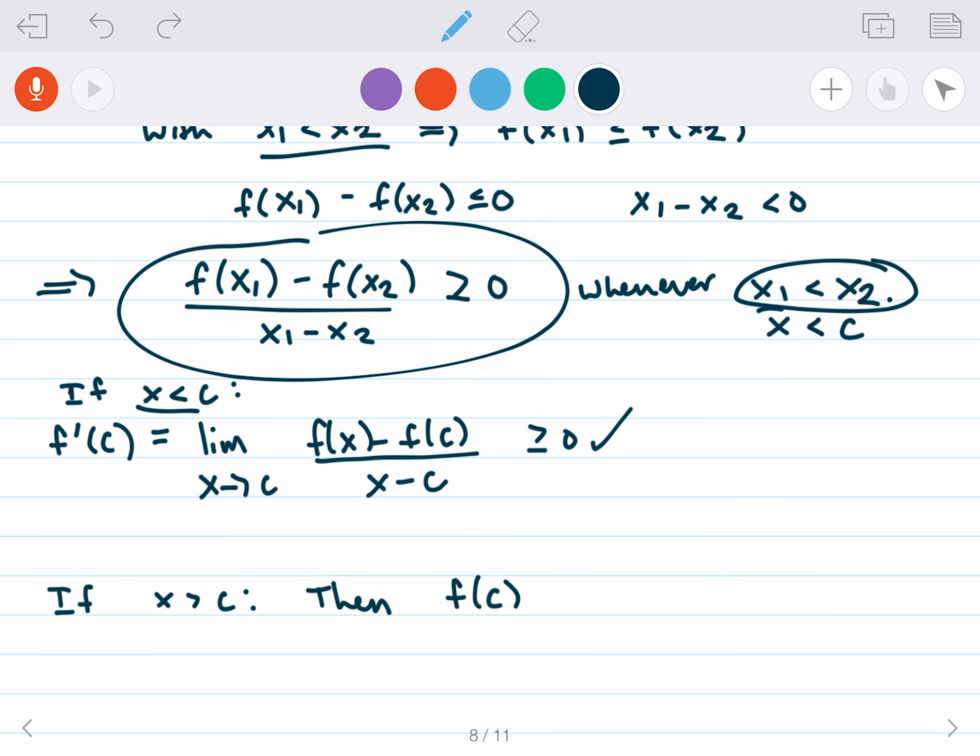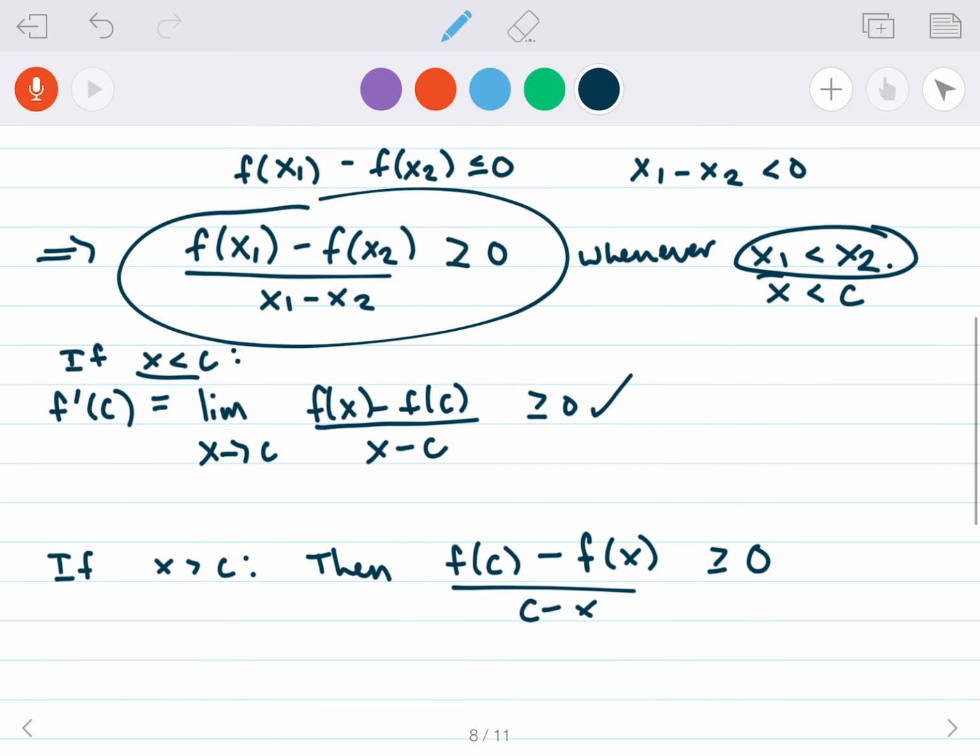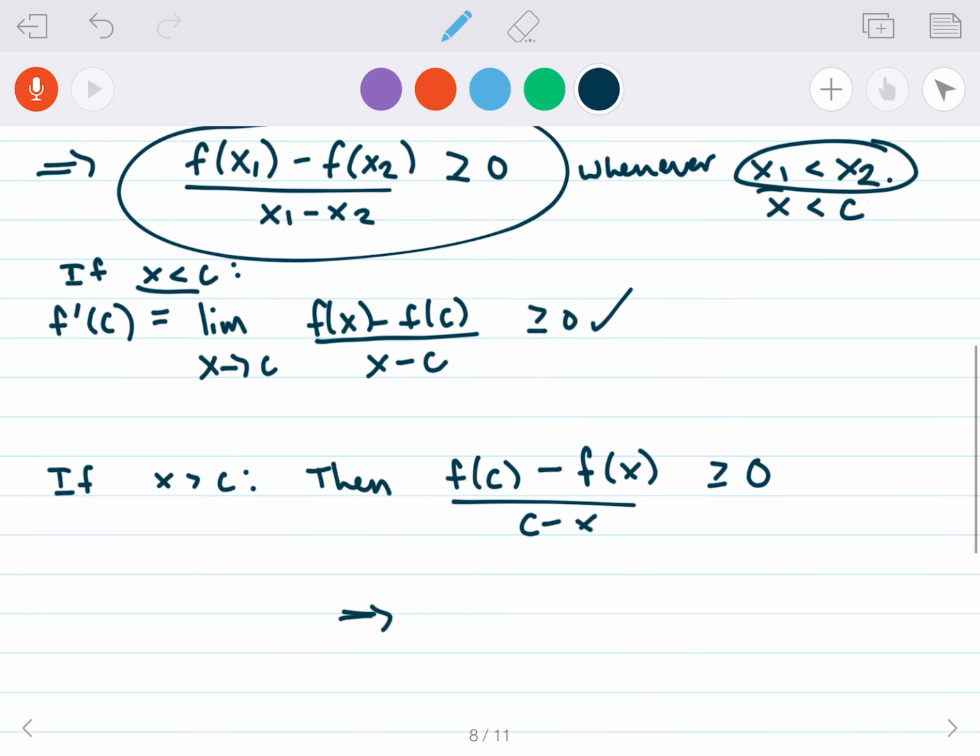Okay, so this is f of c minus f of x over c minus x is going to be bigger than or equal to 0. So then if you do some trickery, just factor out a negative sign and do your thing. This is going to give us this guy over this guy.